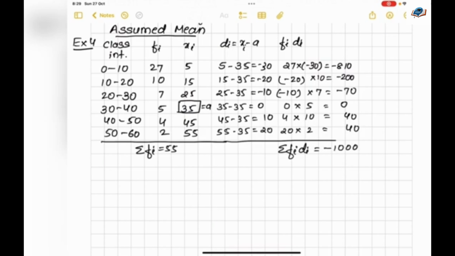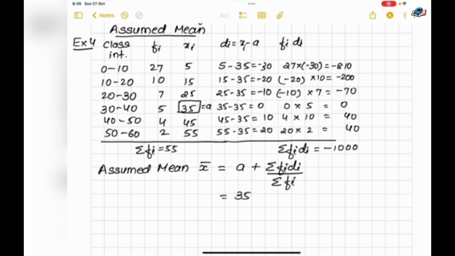Now the assumed mean formula is x bar equal to a plus sigma fi di upon sigma fi. So here we have taken 35 as the assumed mean, plus minus 1000 upon 55.